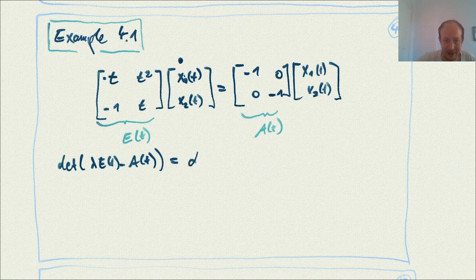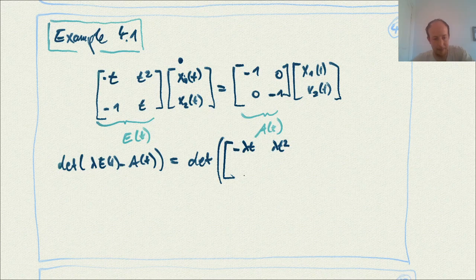So this will be minus λt squared, and λt minus A(t), so this will be plus 1.